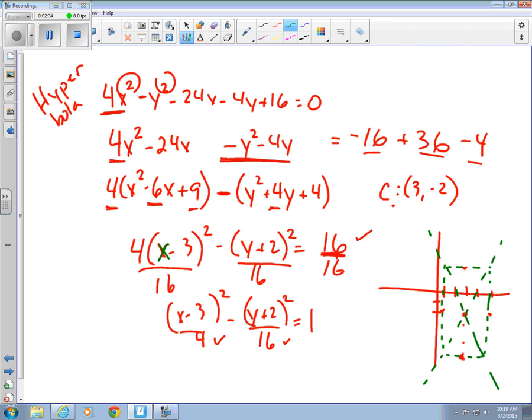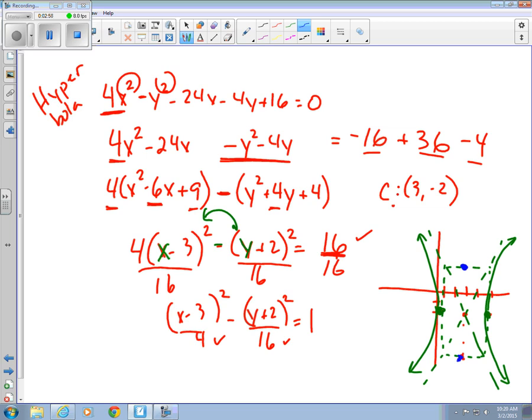Basically, if the x is the positive one, see how the y is the negative one? If the x is the positive one, it starts at these 2 points, and it goes toward the asymptotes. Starts here and goes toward the asymptote. If these were swapped, and the y was the positive one, then it would have started here and gone up, or here and gone down toward the asymptotes.